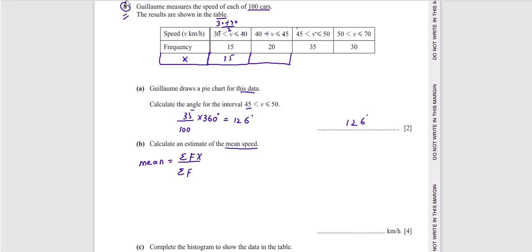The midpoint of this interval is equal to 42.5, and the midpoint of this interval is equal to 47.5. And now calculate the midpoint of this interval, that is equal to 60.